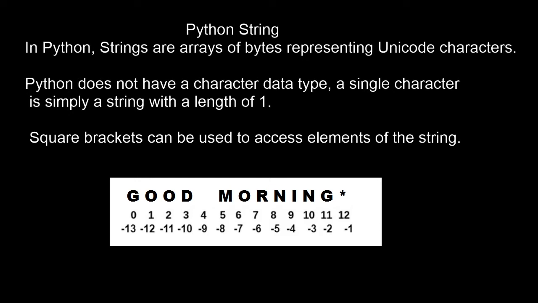Also, we can access more than one character using the syntax inside the square brackets. Negative indexing is also supported in Python, where we can access the last character of the string using -1, and the second last character using -2, third -3, like that.